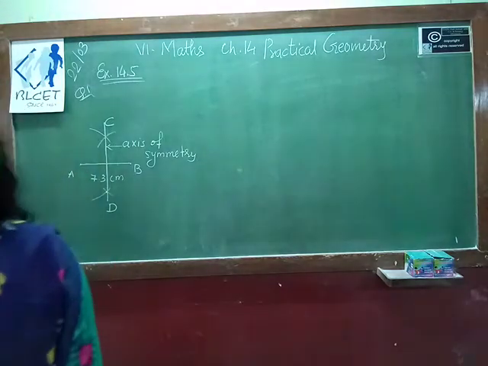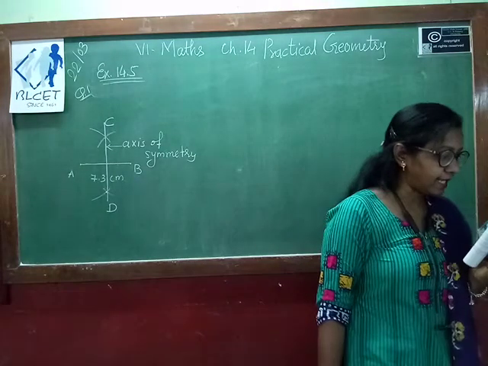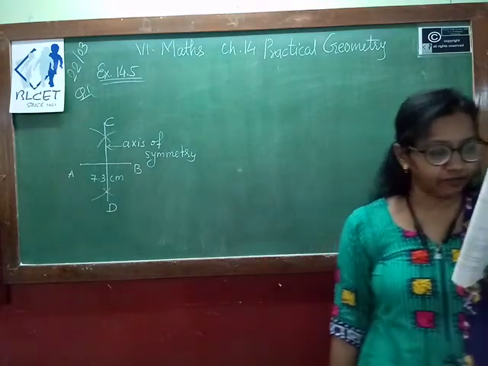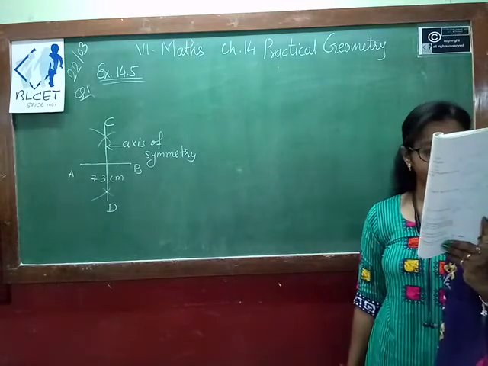Okay. Now see the second question. The question is, draw a line segment of length 9.5 cm and construct its perpendicular bisector.